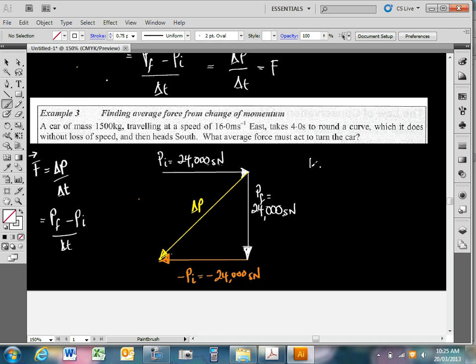Using Pythagoras. Change in momentum, that vector is equal to the square root of 24,000 squared plus 24,000 squared.